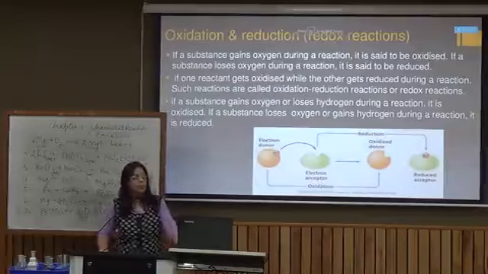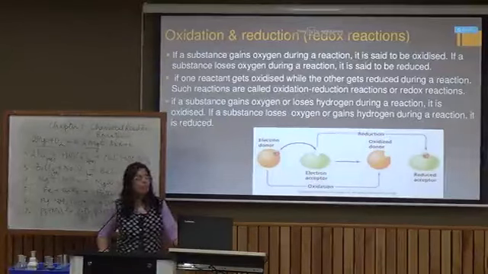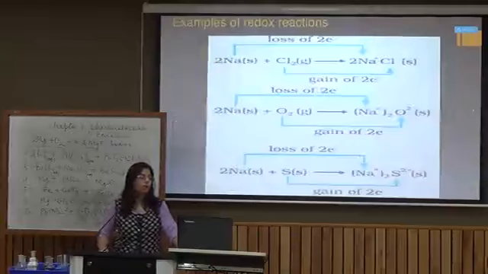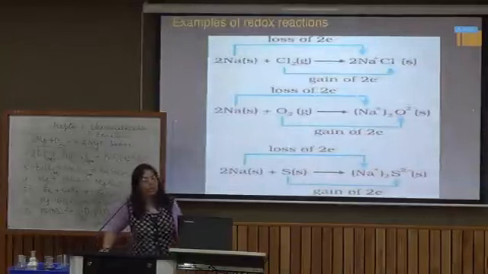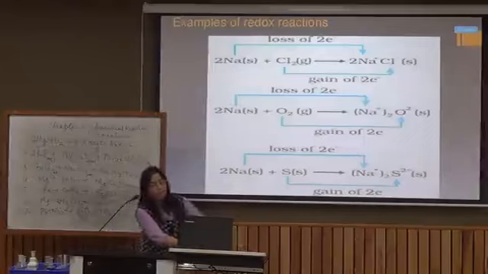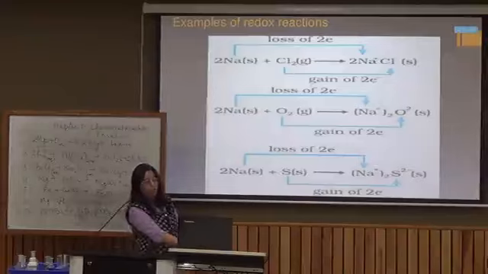If a substance gains oxygen or loses hydrogen during a reaction, it is oxidized. If a substance loses oxygen and gains hydrogen, it is said to be reduced. Either case can fulfill the need for oxidation or reduction process. Let us look at the examples of redox reactions. Here in the first case, the sodium metal is losing electrons, and the electrons are being accepted by chlorine, and there is a formation of sodium chloride.